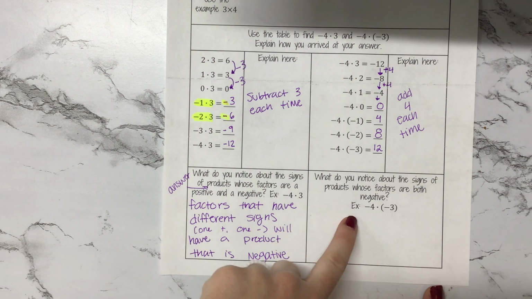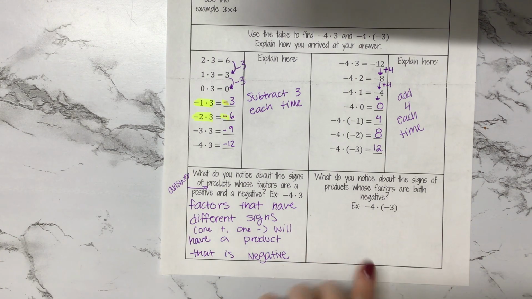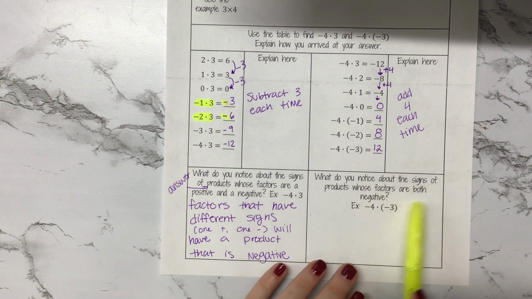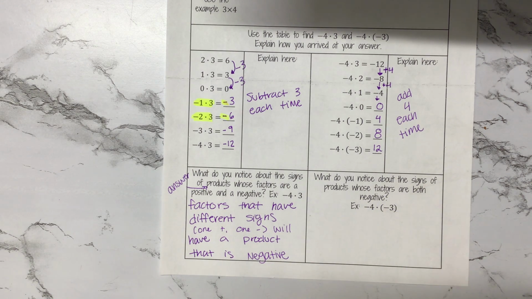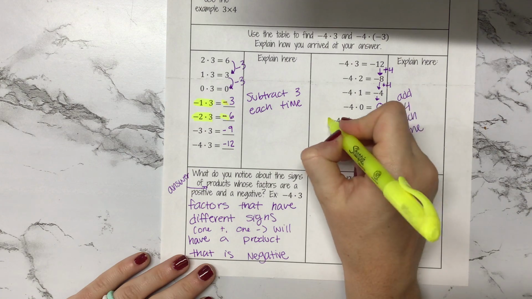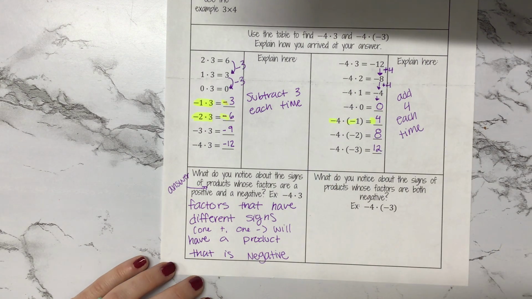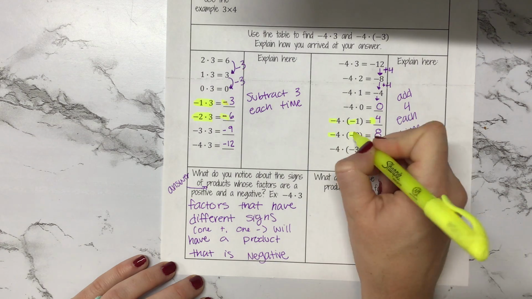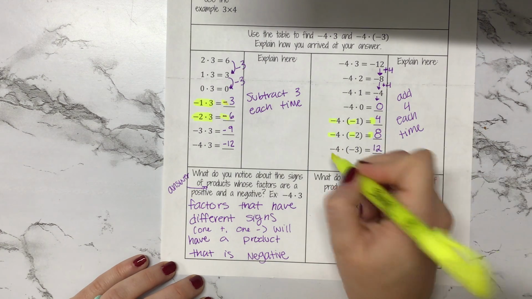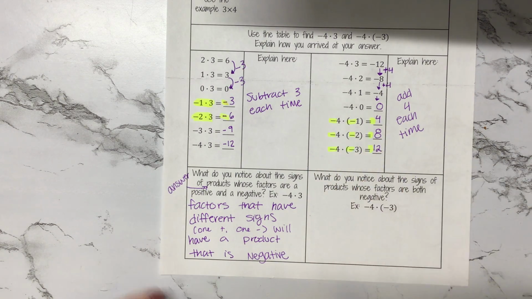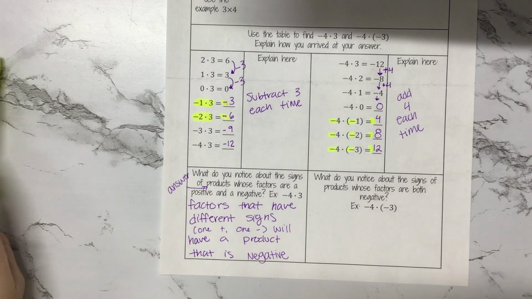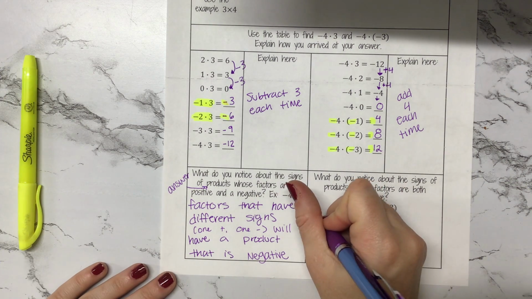Okay. Let's look over here. What do we notice about signs of products whose factors are both negative? So we had a negative times a negative. What type of answer was that? A negative times a negative was what? So I'm going to start my sentence.